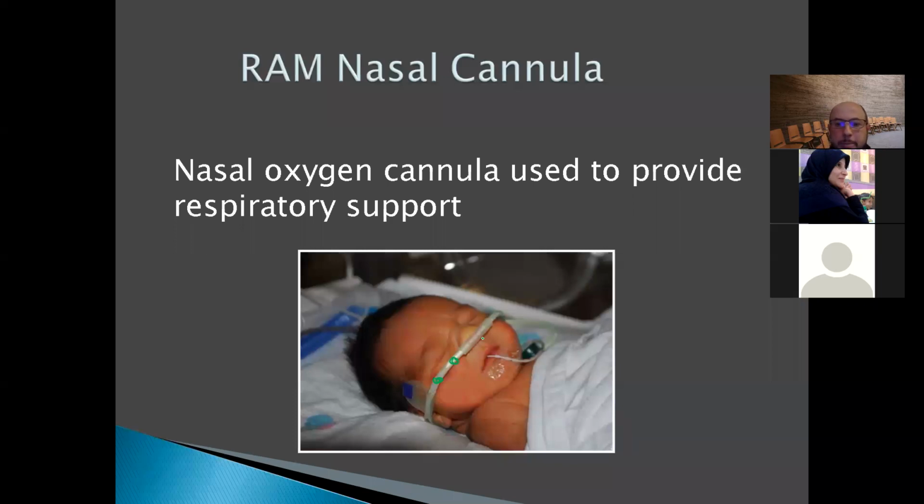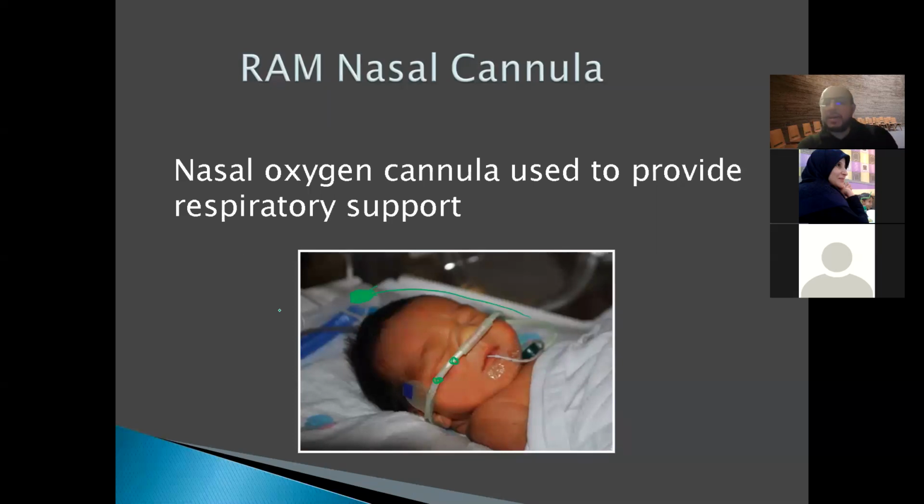The connection here has a connector that can be connected with any mode of ventilation. It has fixed mode, standard mode, and can be connected with any one of those, so it's more user friendly. That's called the RAM cannula.